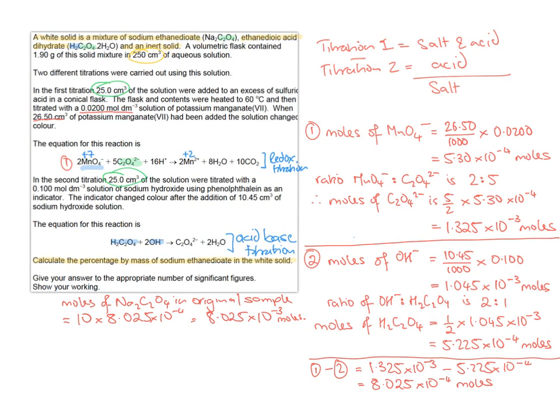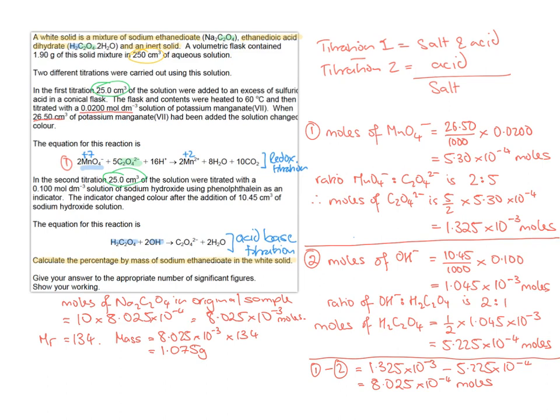The MR of sodium ethane dioate is 134. So that means the mass, remember, is moles times MR. 8.025 times 10 to the minus 3 times 134 equals 1.075 grams.